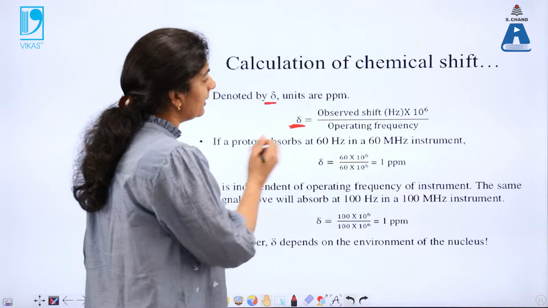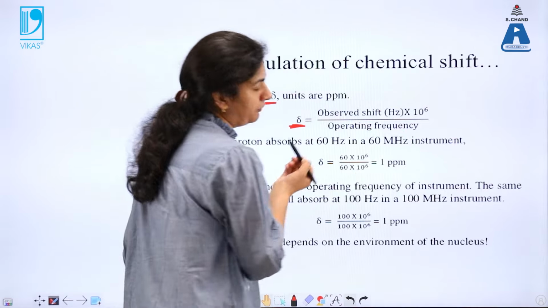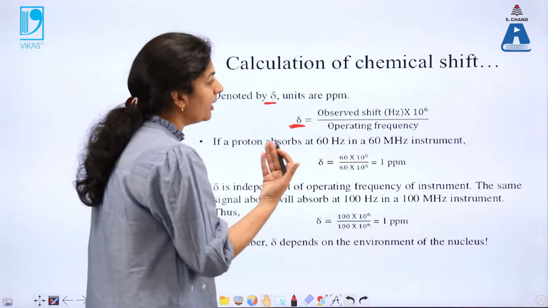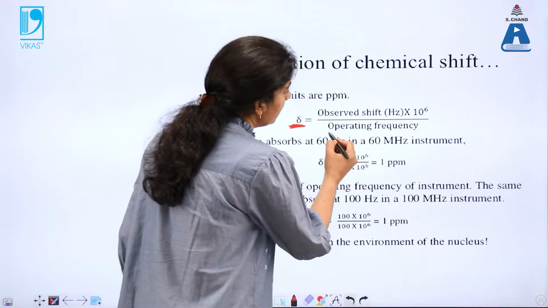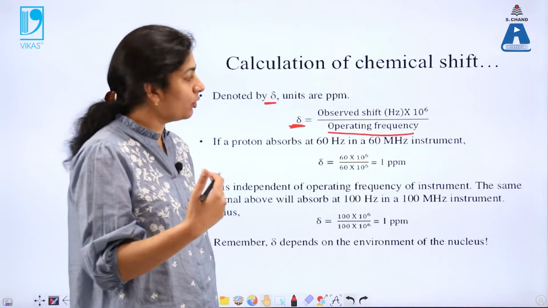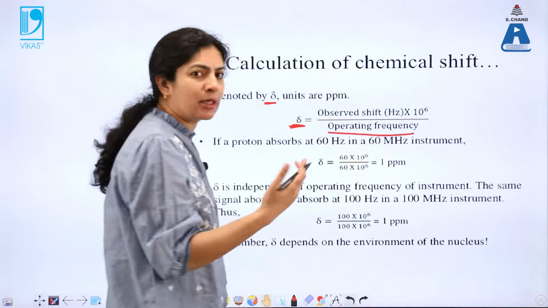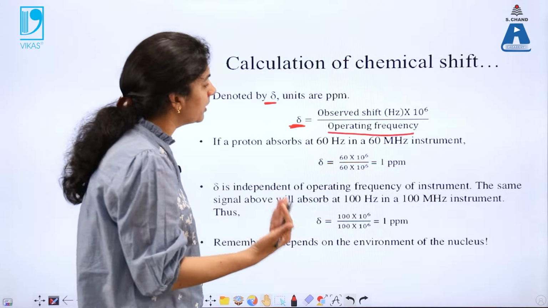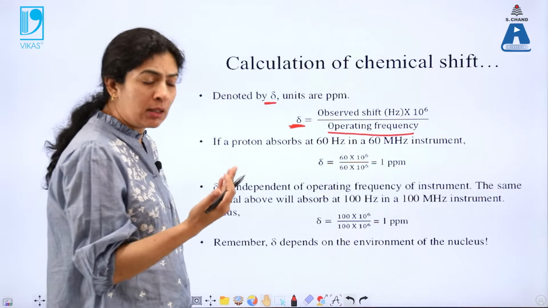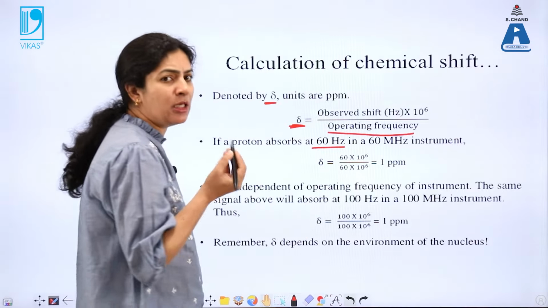So how do we calculate this delta? We write the observed shift, meaning the frequency at which a particular nucleus will absorb, divided by the operating frequency, the frequency at which a particular instrument works, and multiplied by 10 raised to power 6 to convert it into parts per million. Suppose on a 60 megahertz instrument, a proton absorbs at 60 hertz.